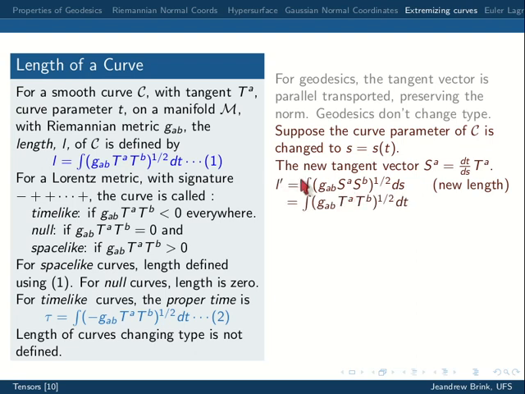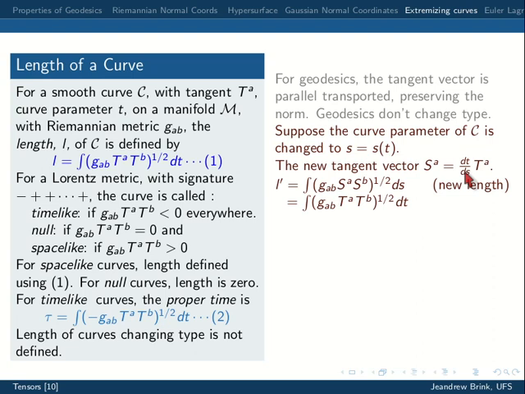You can then change variables back, and what you're going to have is that this integral is in fact exactly equal to that integral. Can you see why? That's actually important. So suppose you start with this integral, you replace S^a with T^a times dt/ds.